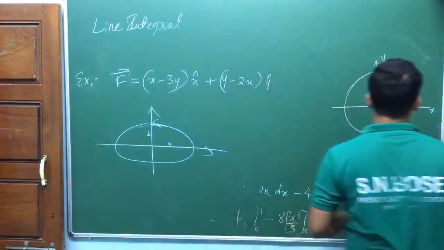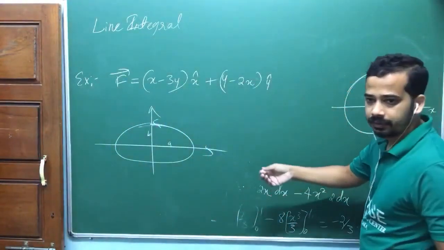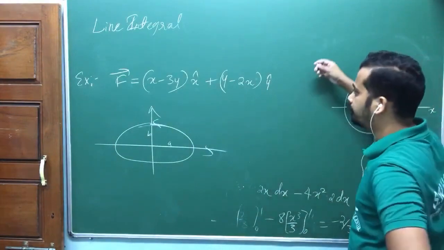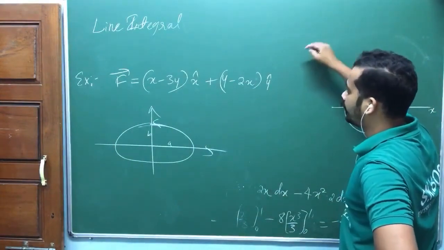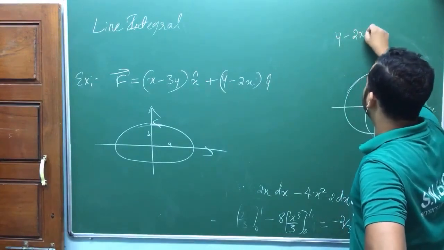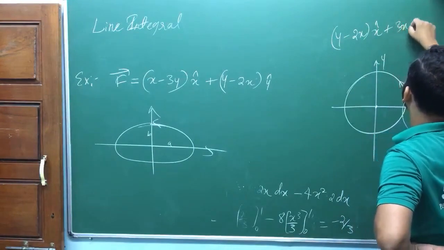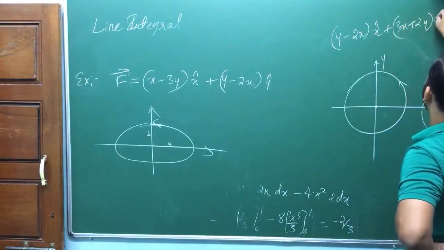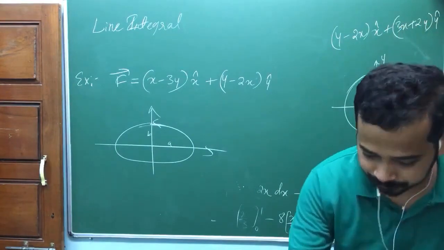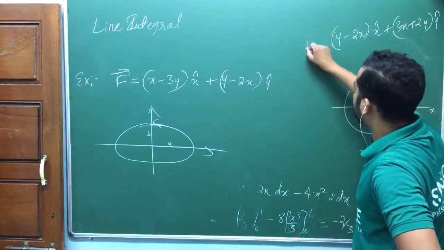Now look at here. What was the vector field I gave earlier? (y minus 2x) x cap plus (3x plus 2y) y cap. So this was the vector field I have given.